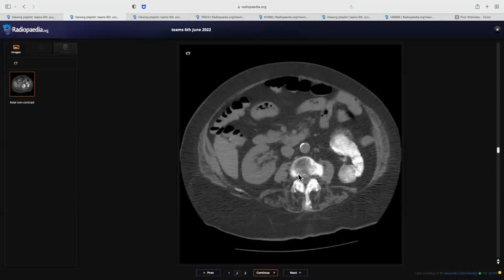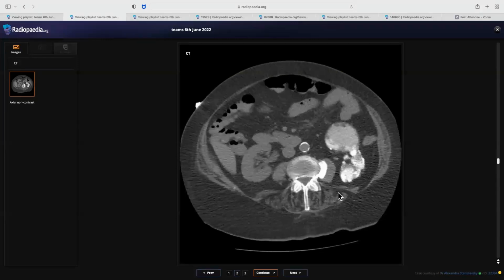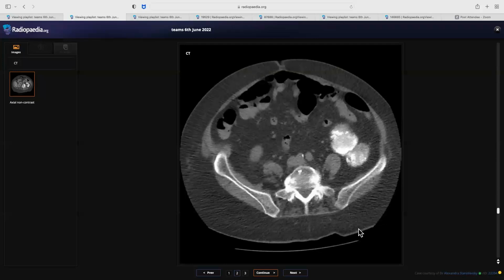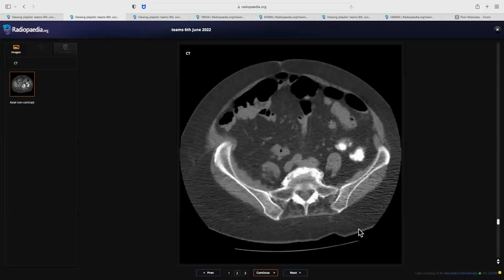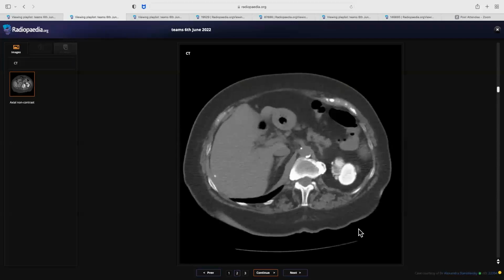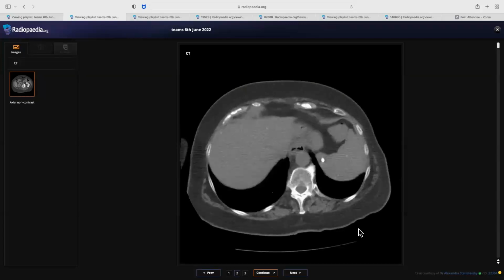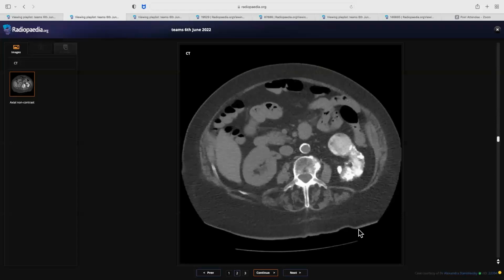I'm given a CT abdomen. It's a plain scan. Before commenting, I would like to have a quick look at the scan. I can see there is a calcified lesion in the left kidney.